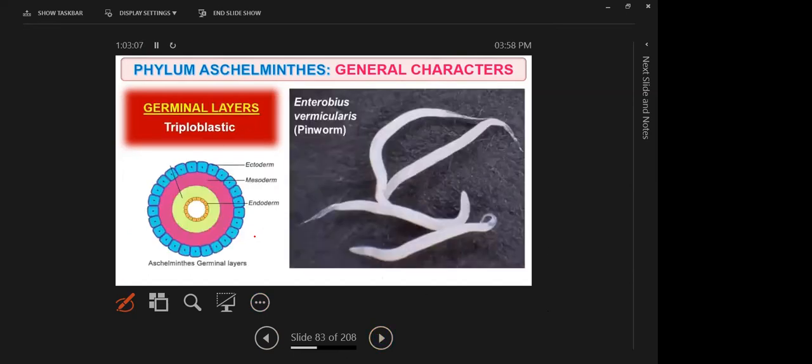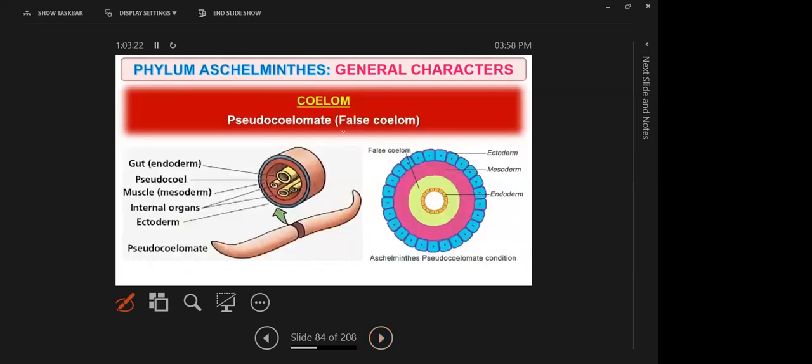And germ layers: ectoderm, mesoderm, endoderm. So is it coelomate or acoelomate? Pseudocoelomate.